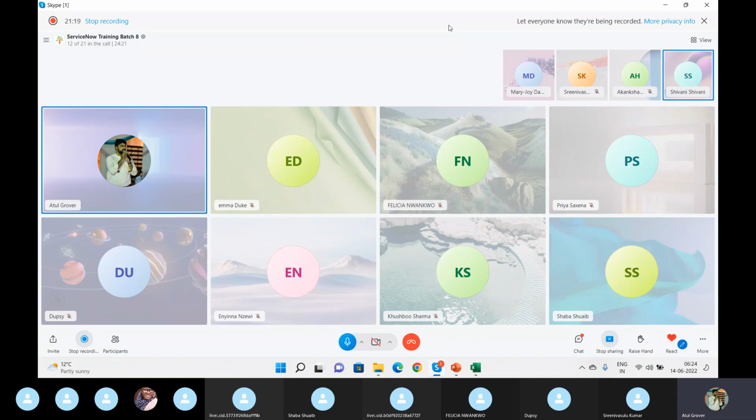Go ahead, Shivani. Maybe what the customer requires, like what is the need. Okay. Priya, what is the meaning of the requirement? Requirement basically is a need. Anyone's need. Okay.